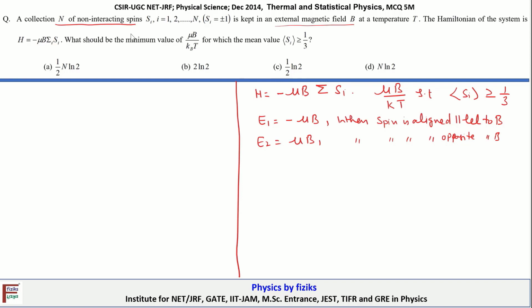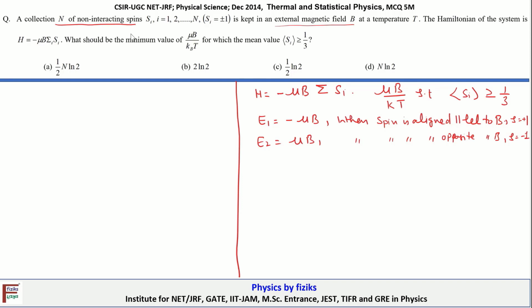Based upon these two energy terms, we have to look for the appropriate expression for the partition function. For the single spin, there are two possibilities: either it can align along the field direction or it can align opposite to the field direction. When the spin is aligned along the field direction, S is equal to +1, and this is equal to -1 when it's aligned anti-parallel to the field direction.